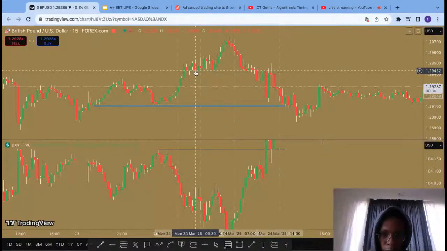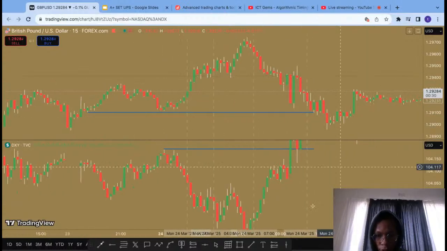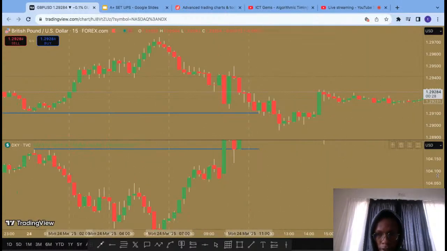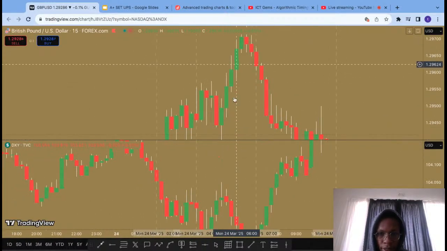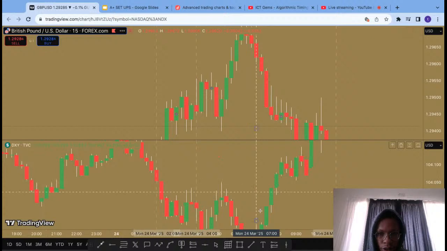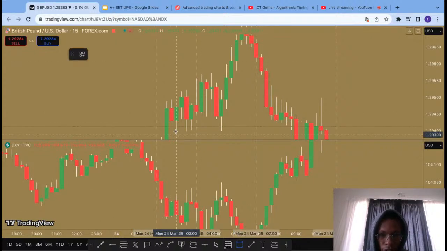You get this propulsion block here, but we fail. But you see how this lowers a massive wick. The wick is such a let's get in properly. If you strictly stuck to the bodies, this is a 15-minute time frame. You see this low here.